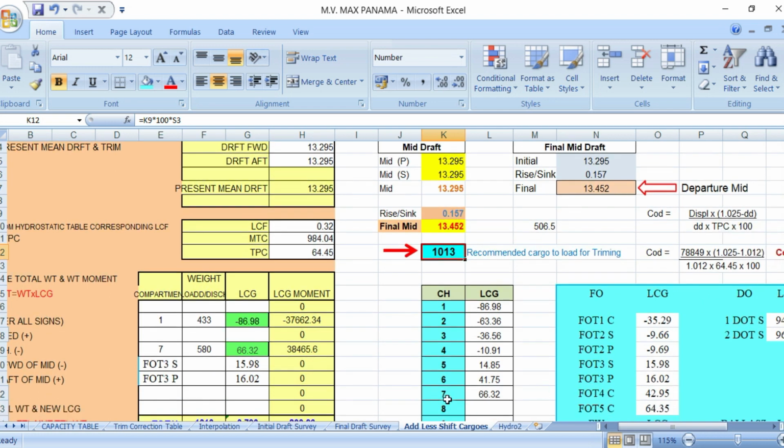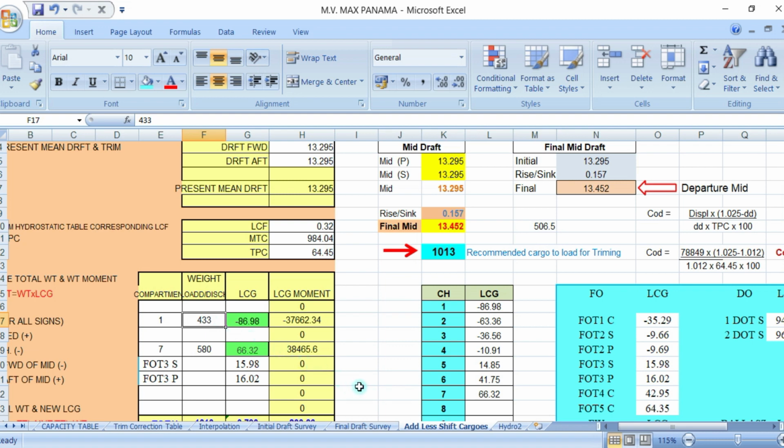So your trimming holes will be 1 and 7. We'll divide this to your holes 1 and 7. Total cargo will be 1013. 1013 divided by 2, so that will be 506.